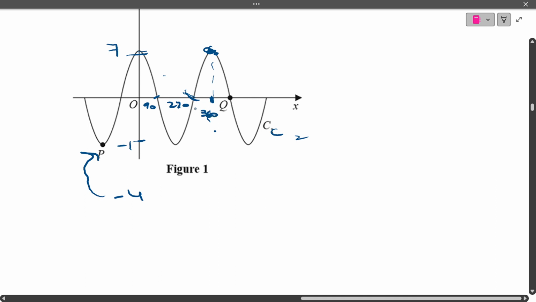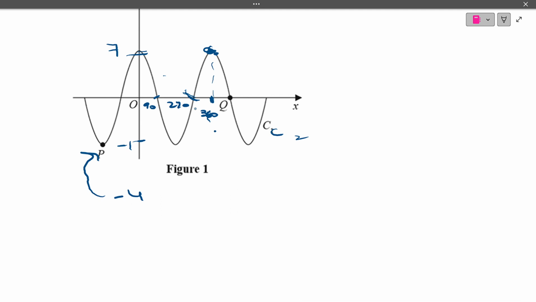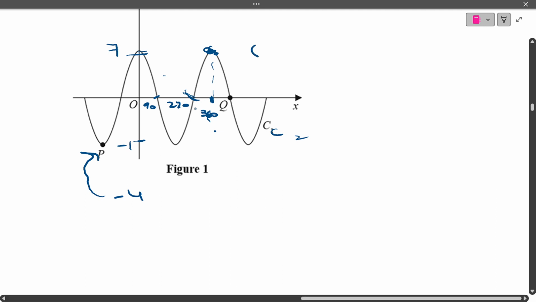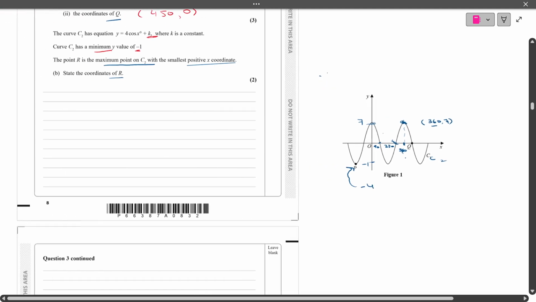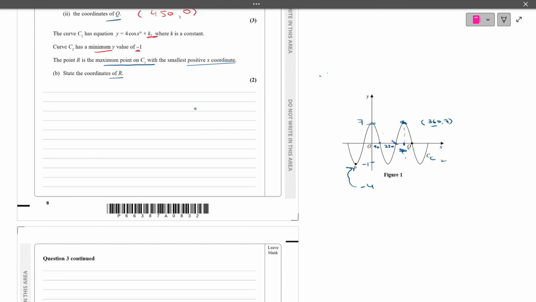So the maximum point here is 360 and 7, and this is the smallest x coordinate. All right, let's copy down. State the coordinates of R. So R is 360 and 7.